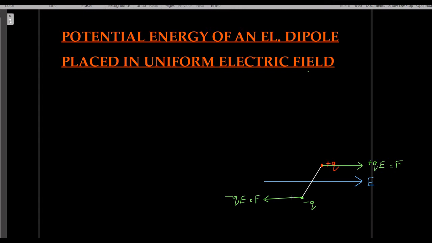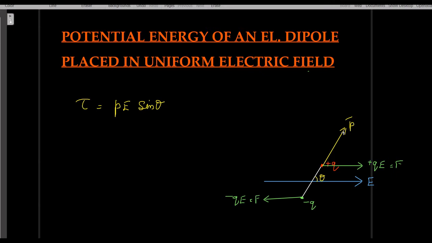on this dipole. And we know the torque experienced by the dipole is equal to PE sin theta, where theta is the angle between the direction of dipole moment, this is the direction of dipole moment.